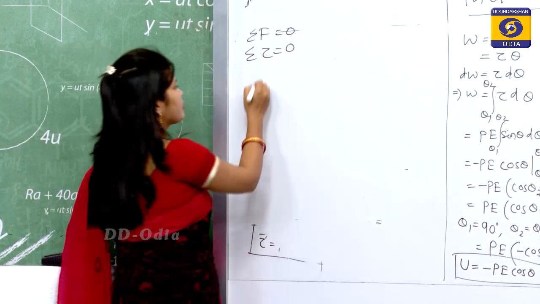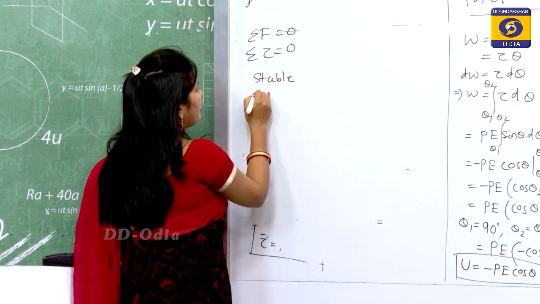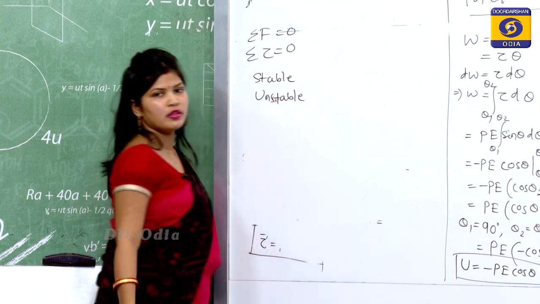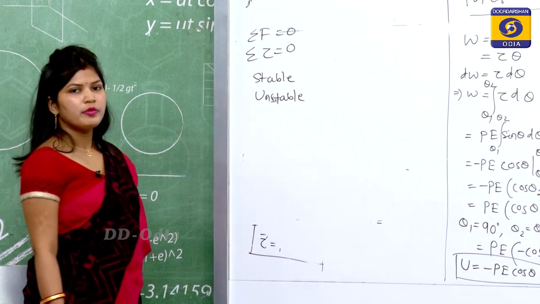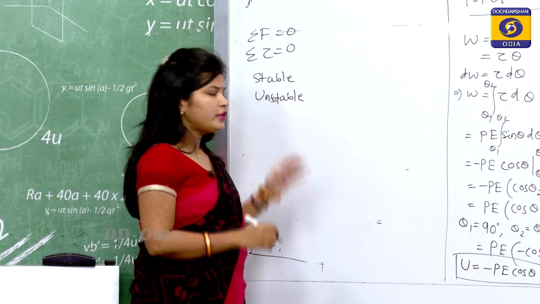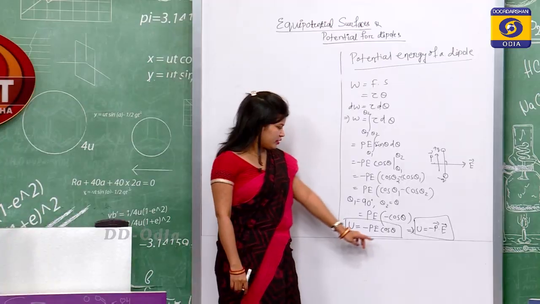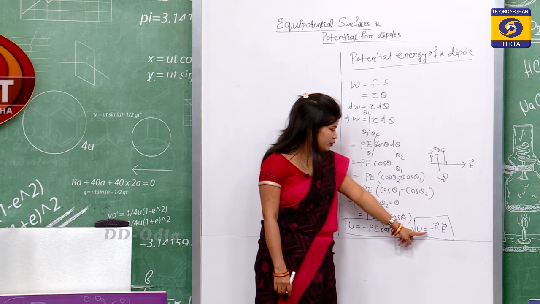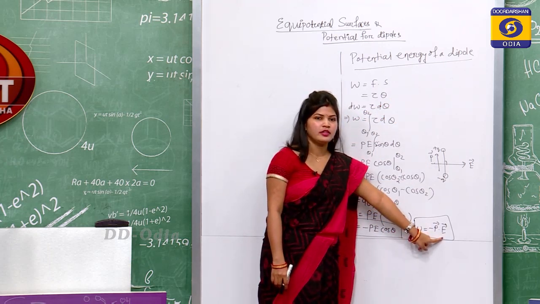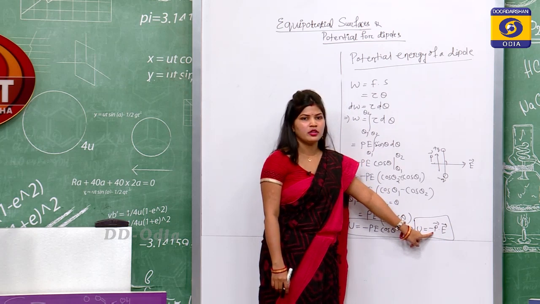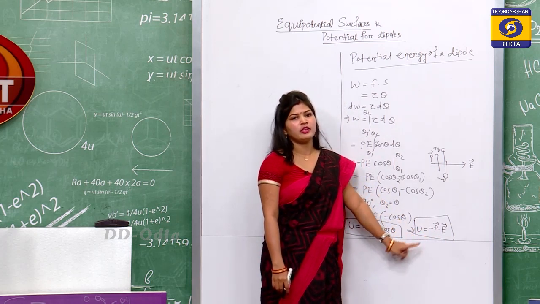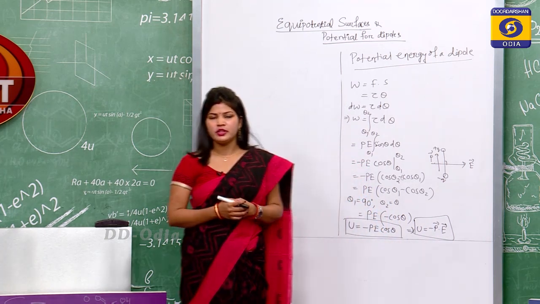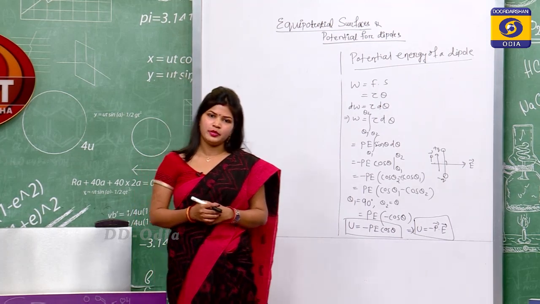Then equilibrium is of two types, one is stable equilibrium and another one is unstable equilibrium. What is stable equilibrium? This is the expression of potential energy of a dipole, that is U is equal to minus p dot E. Then we will discuss the different positions where the energy will be minimum and where the energy will be maximum, and we will also discuss the equilibrium positions, that is stable equilibrium and unstable equilibrium.